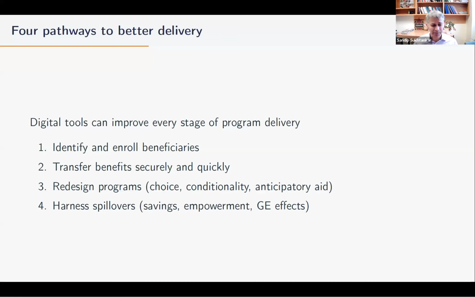One simple example is, suppose there's a cash program and an in-kind program. I know you've talked about this; in fact, my co-authors have presented this topic. Suppose you have a food delivery program and a cash program. Some people might prefer food, some might prefer cash. With digital technology, you could offer people the choice.